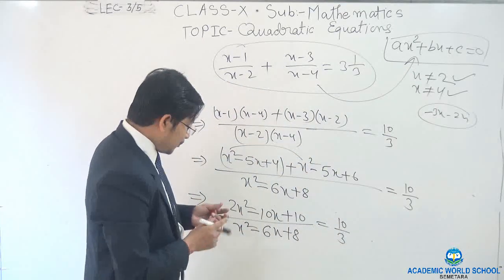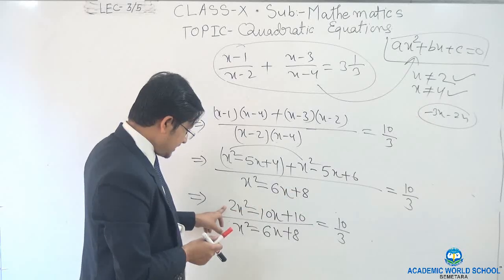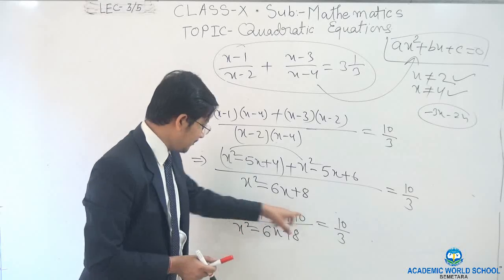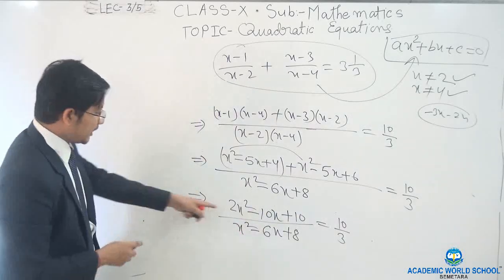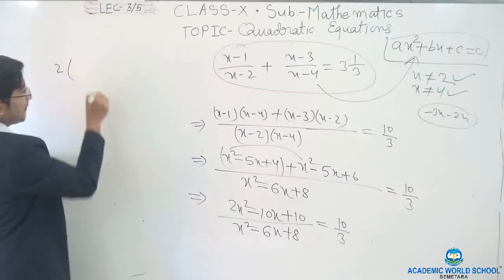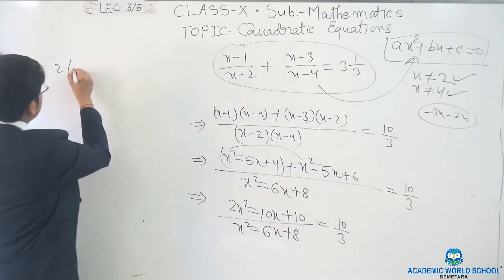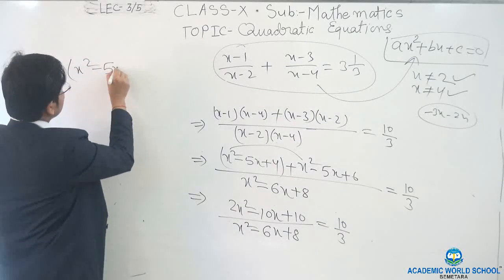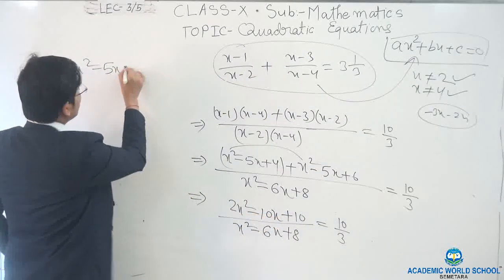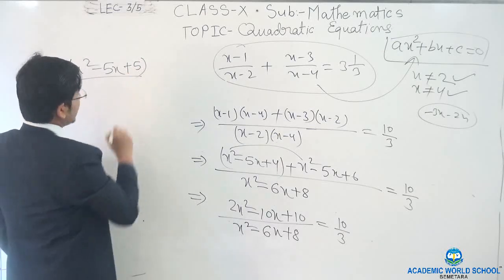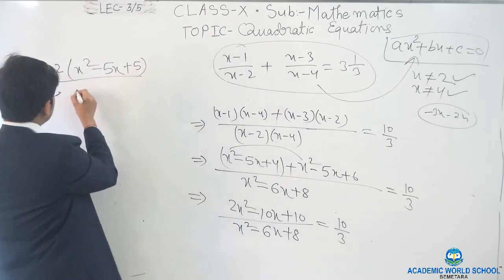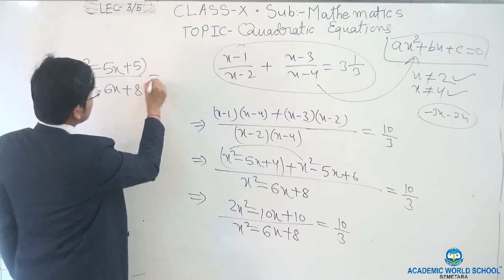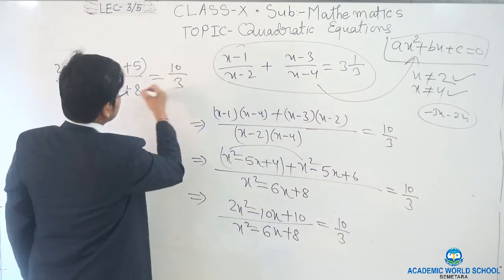So listen, one thing we can do is take 2 common from this. So 2 common: this will be x square, minus 5x, and we have taken 2 common, so this will be plus 5, upon x square minus 6x plus 8, is equal to 10 upon 3.